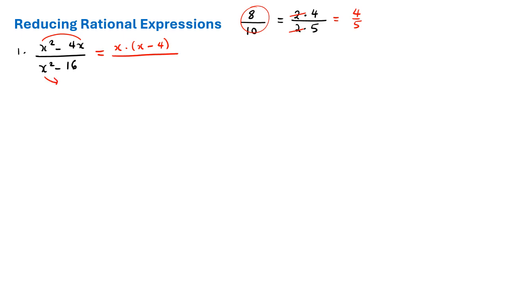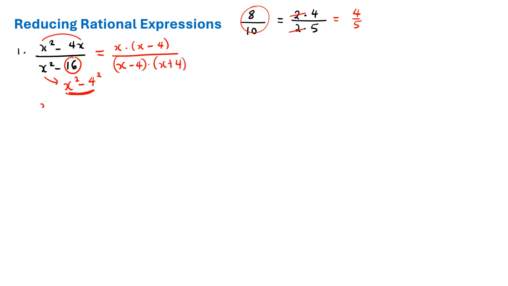We know this is a famous expression, the difference of two squares, because 16 is a perfect square. So you can write that as x squared minus 4 to the second power. Anytime you have a difference of two squares, you write that as x minus 4 times x plus 4.